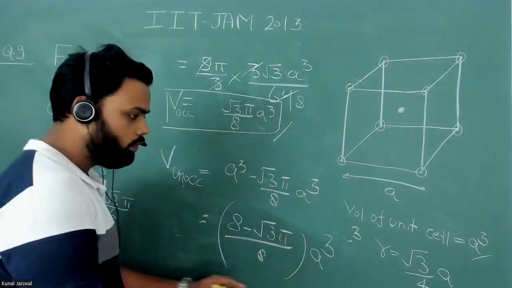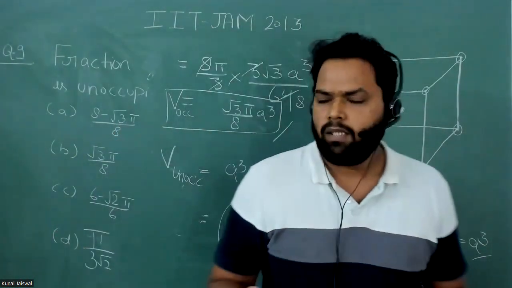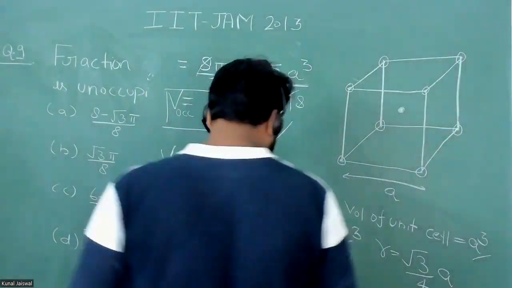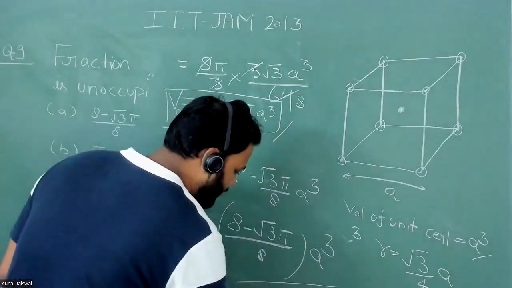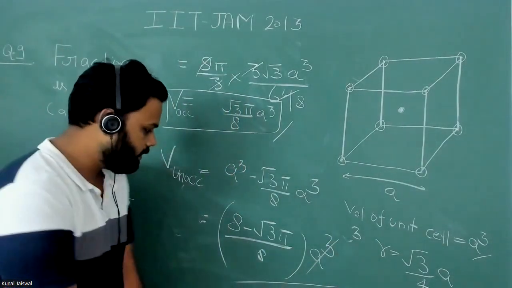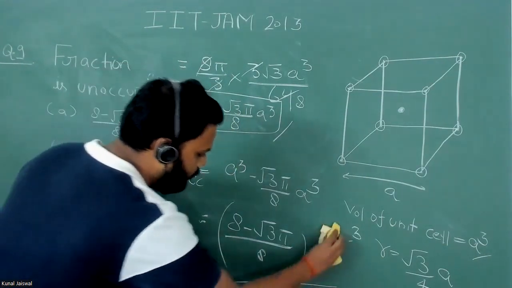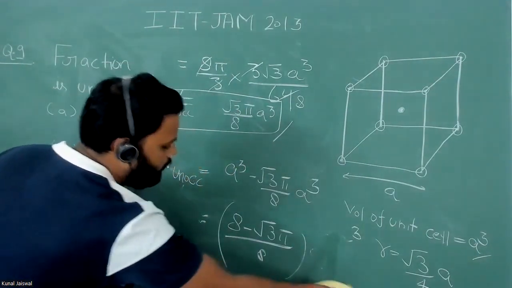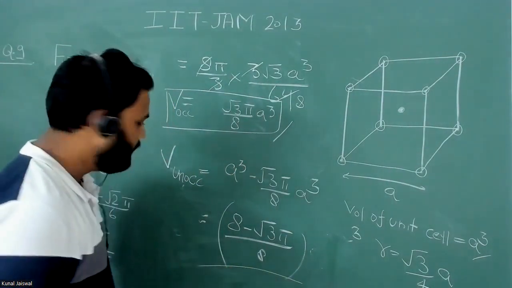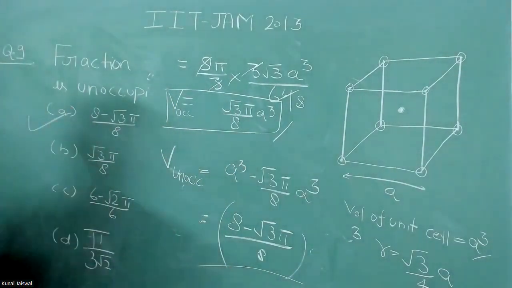This will be the total unoccupied volume. And in the question, we have to find the fraction of volume. That means if we divide it by the total volume, that is a cube, we will get the fraction of volume. Okay, so this is the total fraction of volume which is unoccupied, that is 8 minus root 3 pi by 8, and the correct option is A.